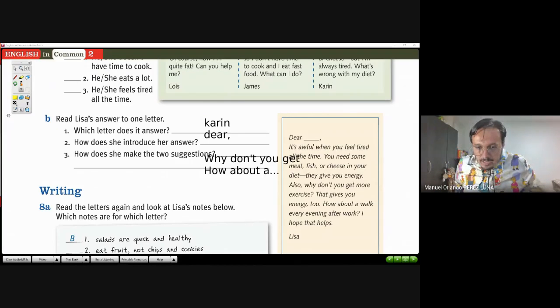So the idea is that you solve the task and you post your answers in the forum. Okay, you can write, you can type, and that is the intention within this time that you have. Okay, so you will have until 10.